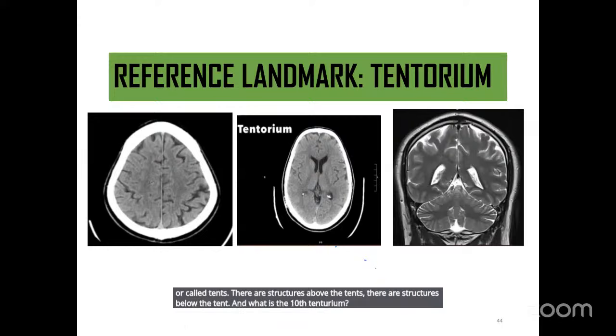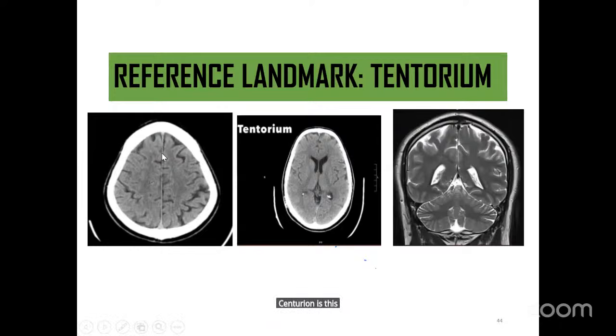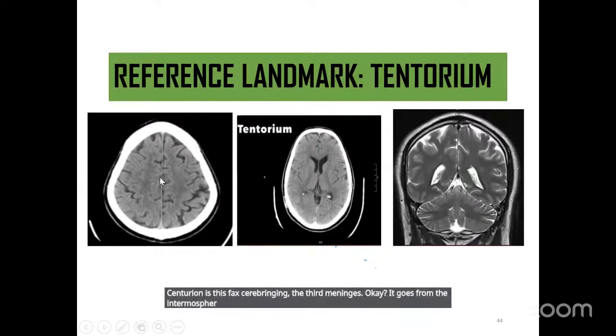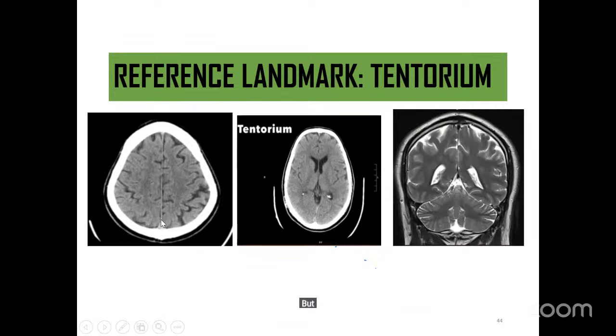The tentorium is from the falx cerebri, the third meninges. It goes from the interhemispheric fissure, it comes down as the falx cerebri. But when it goes down, where it reaches the corpus callosum here, it divides like this. So you see, this structure is inside this tent. So there are structures inside the tent, or infratentorial. There are structures that are above the tent, or supratentorial.